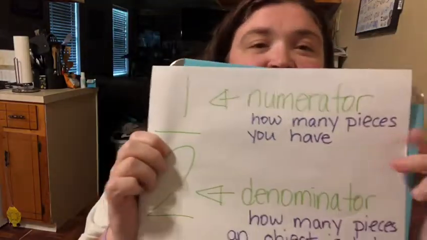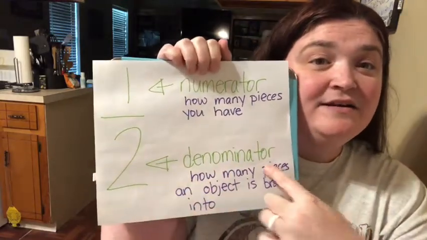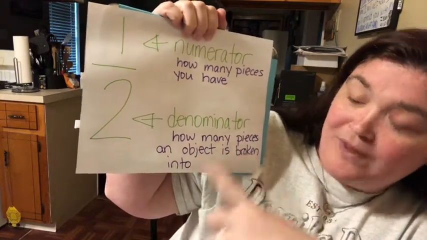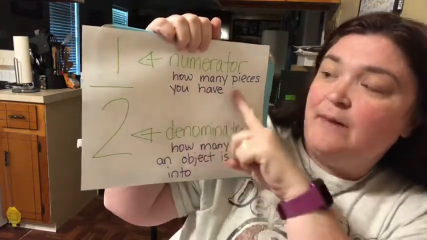Now, it's very important because the denominator tells us how many pieces an object is broken into. The numerator tells me how many pieces we have. For example, if I take a piece of paper and I break it into 2 pieces, my denominator is 2.